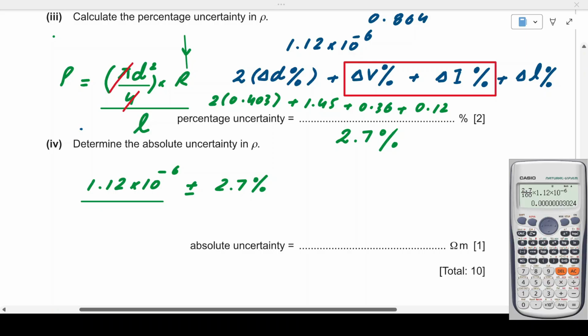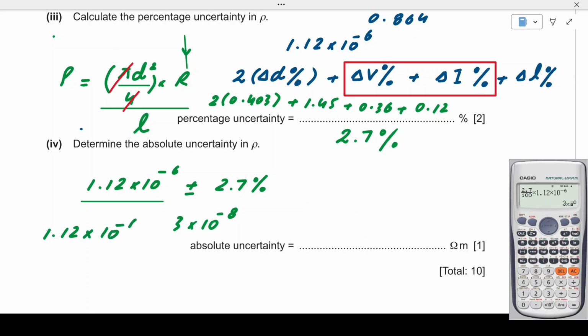I get 0.00. Okay. We need this answer in 1SF. Absolute uncertainty is always in 1SF. So 3 into 10 power minus 8. So (1.12) into 10 raised power minus 6 plus minus 3 into 10 raised power minus 8. So you can write 3 into 10 raised power minus 8, because this one is in 1SF.